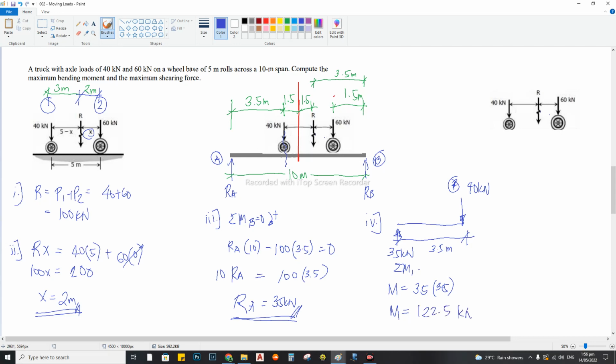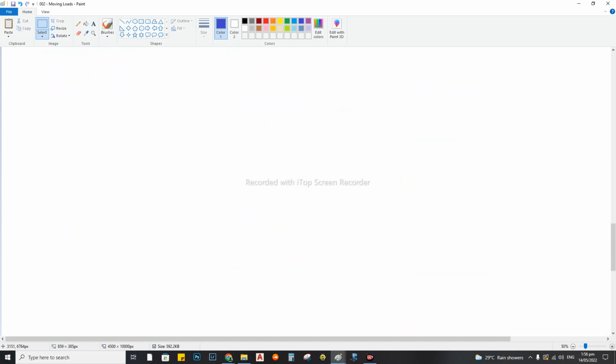So this is our first moment nga nakuha under the condition nga ang load nato nga gi-solve is kani si under kang axle 1. Next nga atong i-consider is si axle 2.